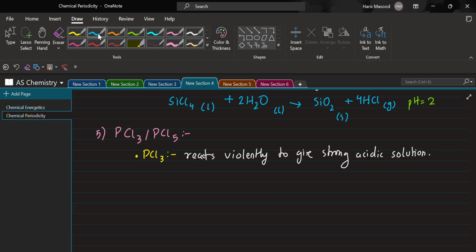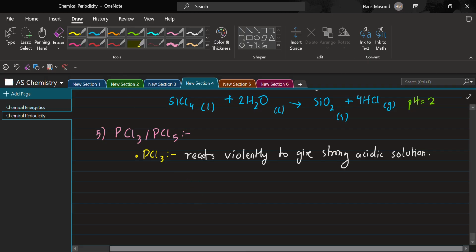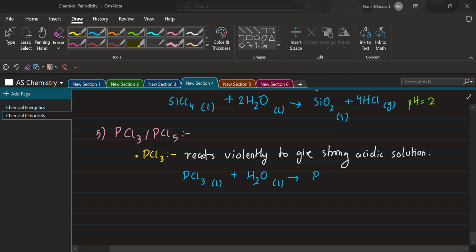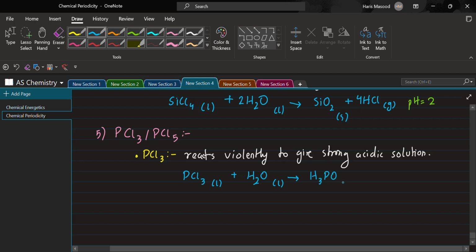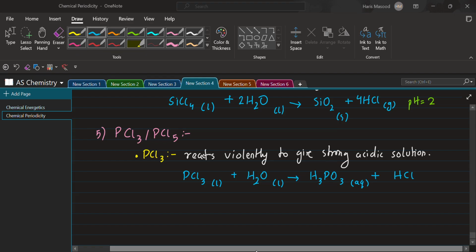The equation is quite simple. You have PCl3, that was a liquid, and water to give phosphorus acid, H3PO3, and again fumes of HCl gas.